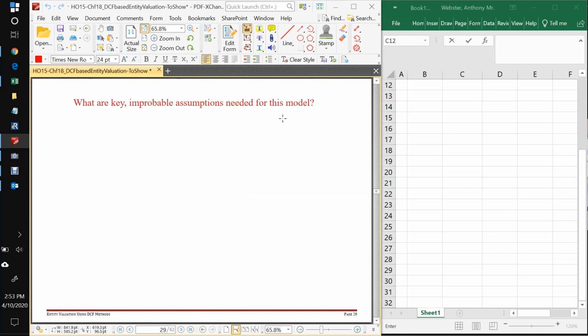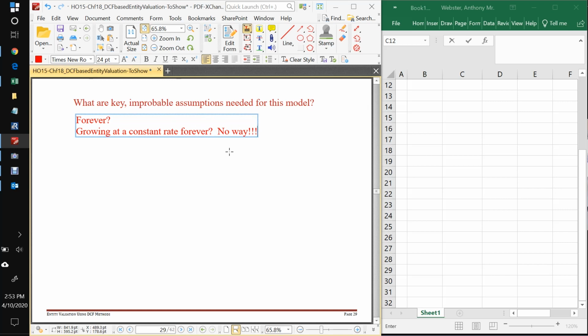So what are the key improbable assumptions needed for this model? We've already got forever, which I think not. We've got now, instead of steady state, a constant growth rate.